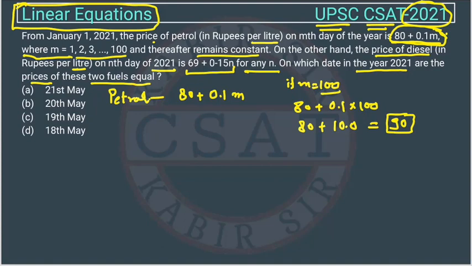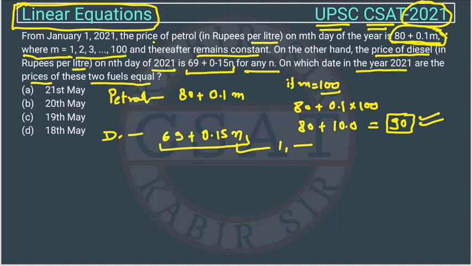When the price of petrol reaches 90, after that it stops increasing. And for the diesel the equation is 69 plus 0.15 n. So n could be anything from 1 to, for the whole year, 365. In 2021 they have given the equation, and the price is determined by this equation.